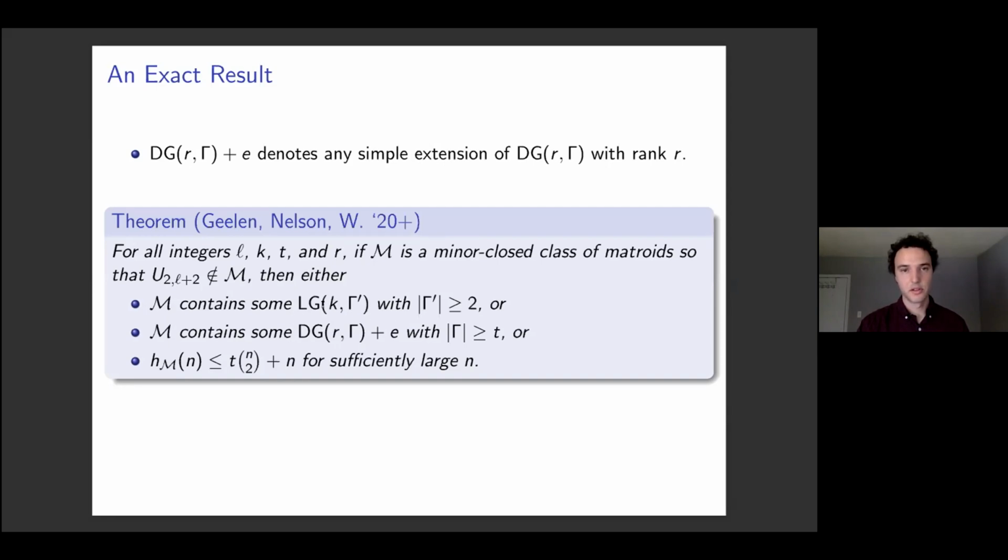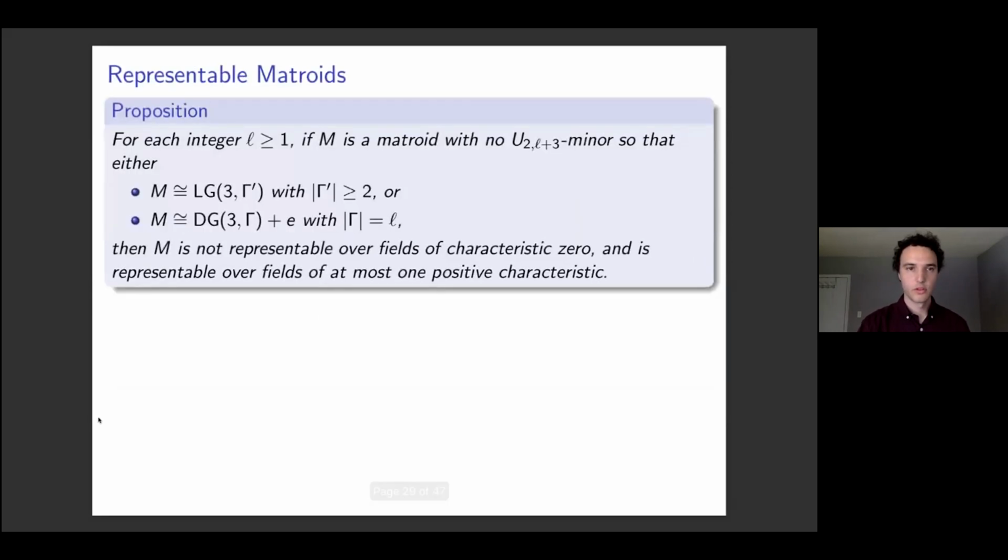Okay, so here's one connection between these Dowling geometries and lift geometries and representable matroids. Okay, so here's a key proposition.